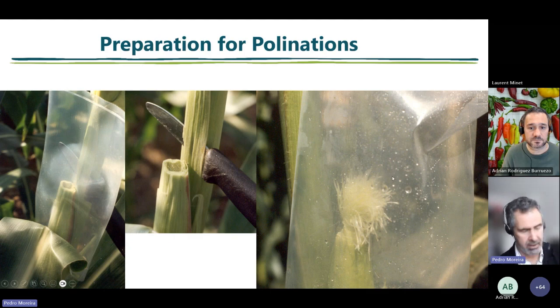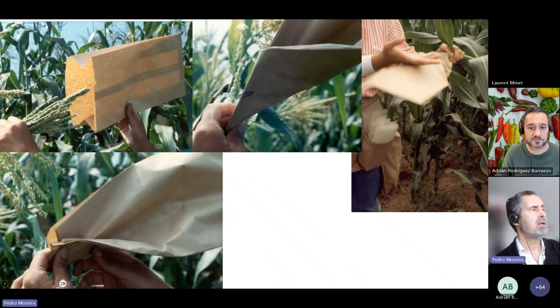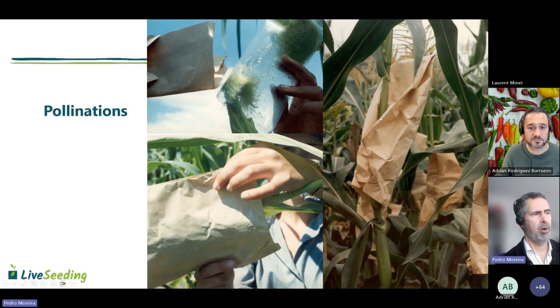And what about the male? Well, in the male, you have the pollen here. You see that the pollination has already started, and then you close the bag. The next day, you beat the bag and you do the pollination.